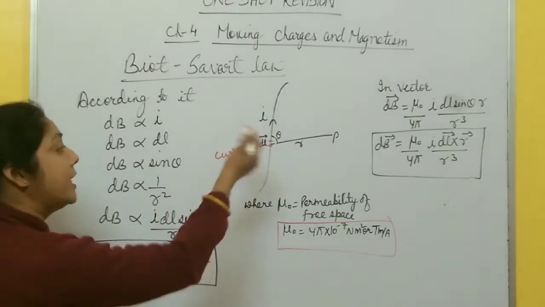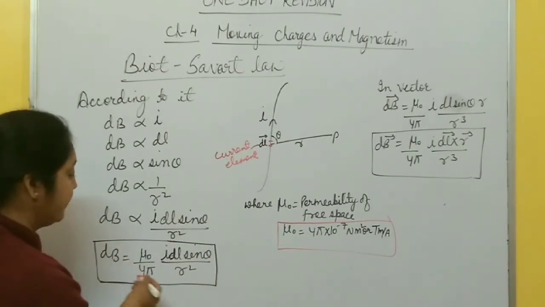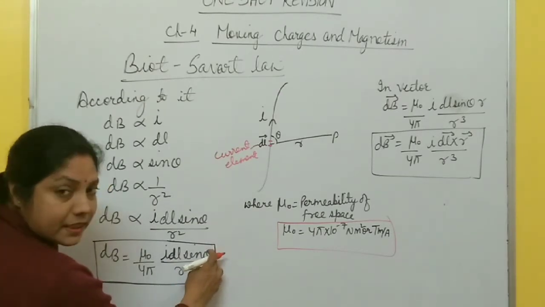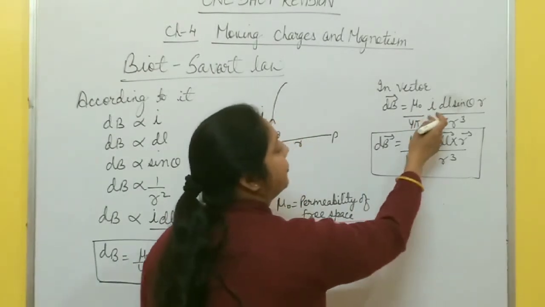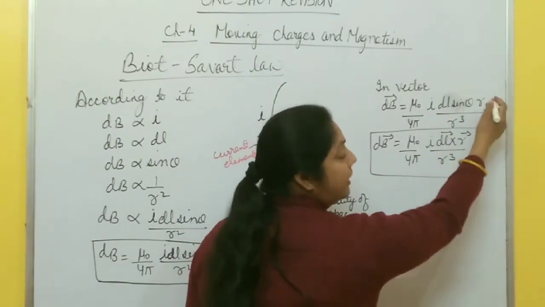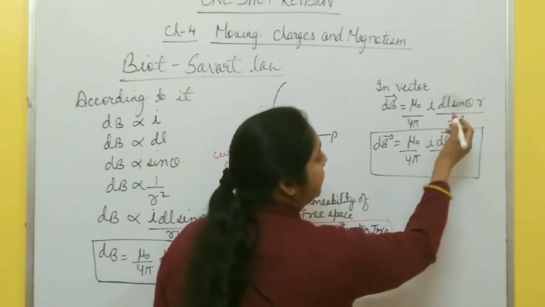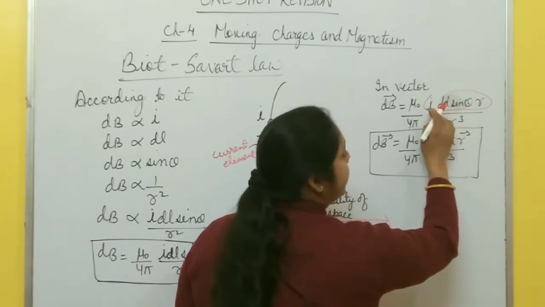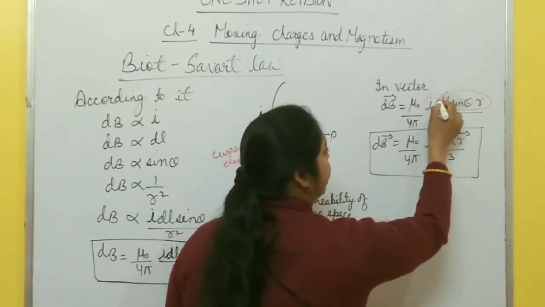Now, what is the direction of that magnetic field? So you must first write it in vector form. How do you write in vector form? Multiply and divide by r, with sine theta. So it becomes mu naught by 4 pi I ds sine theta r by r cube. You can write I dl; I is a scalar quantity, so no need for direction there.